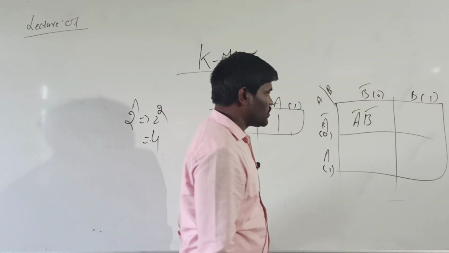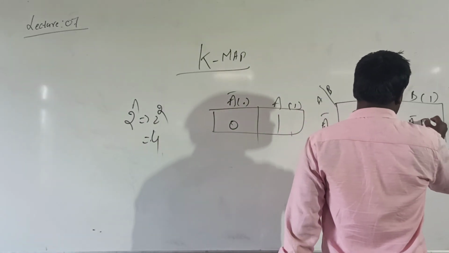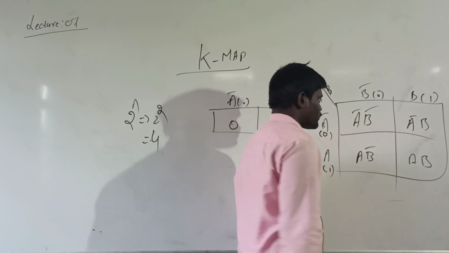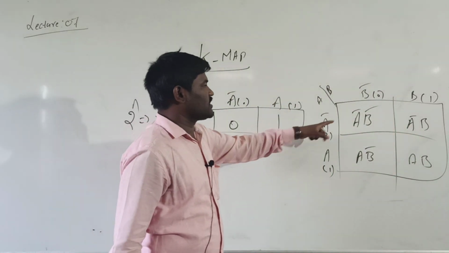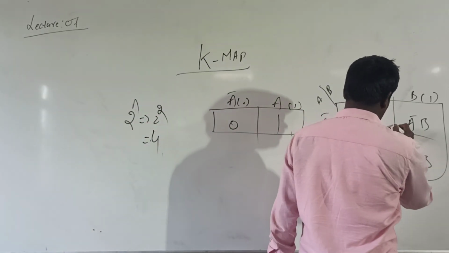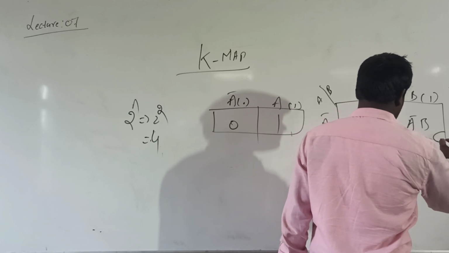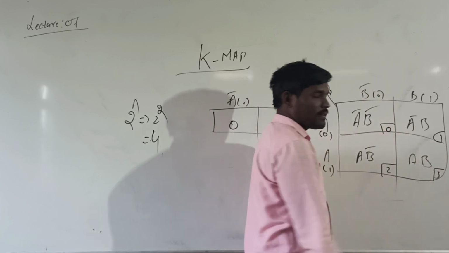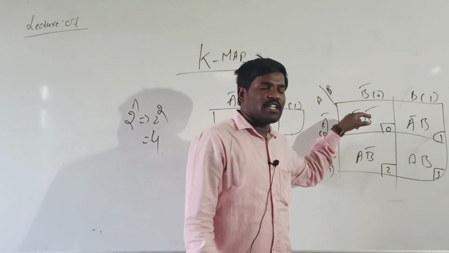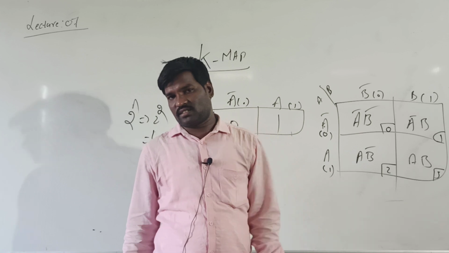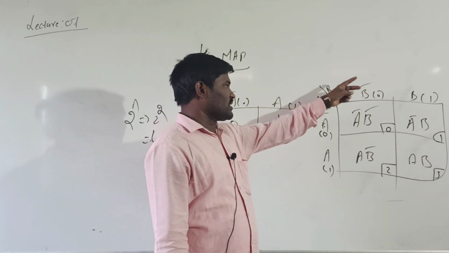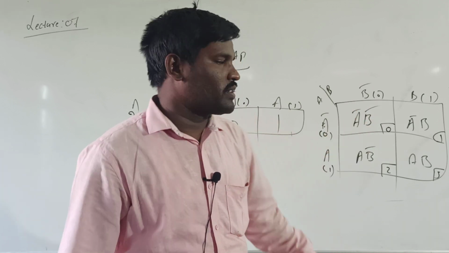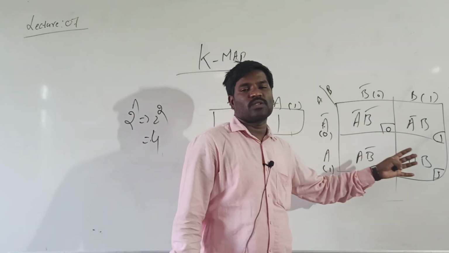It is a min term value. Next is A bar, B, then A, B bar and A, B. The position of the first is 0, next is 1, next is 2, next is 3. At the corner we have to mention the positions. Obviously the first square position is 0, next square is 1, next square is 2, next square is 3.